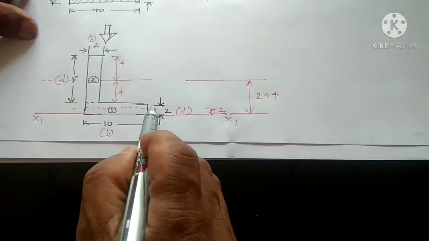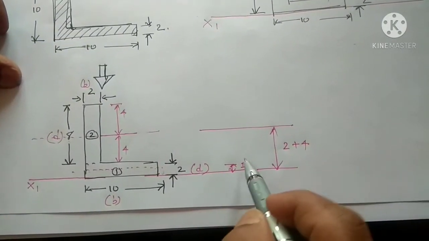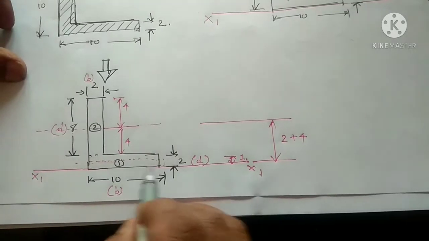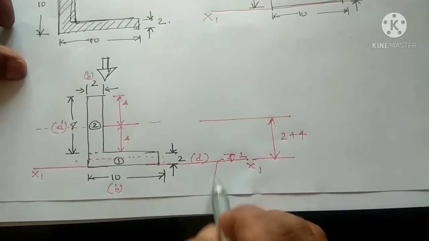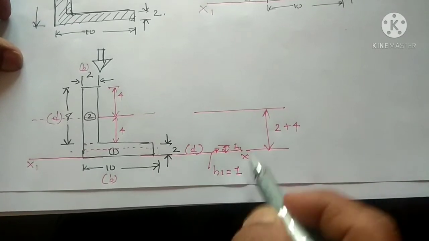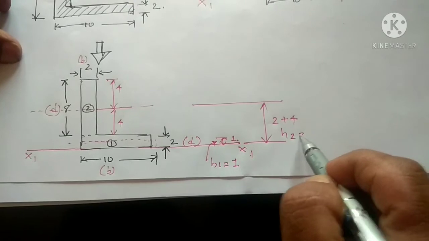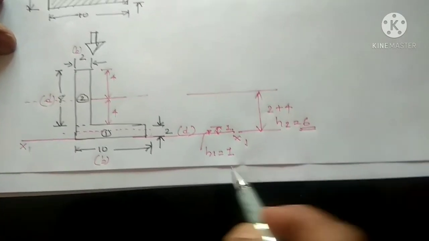So for the first one, h1 is equal to 1, and for the second component, h2 is equal to 6.